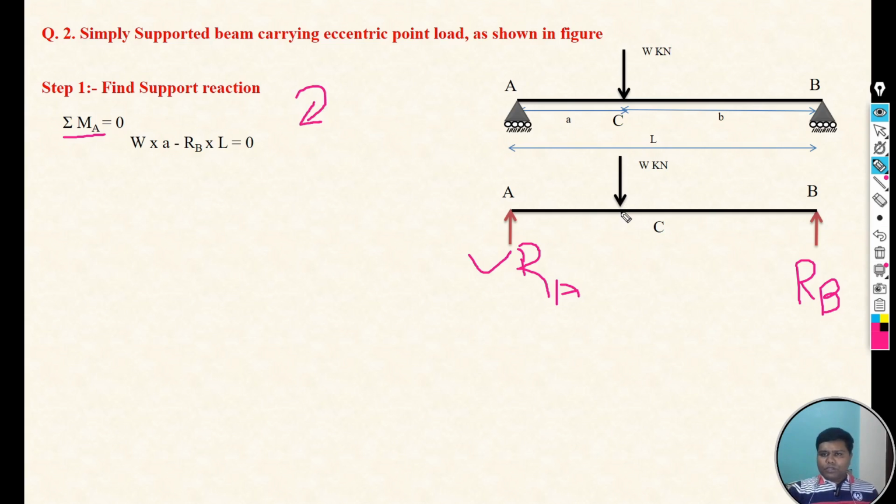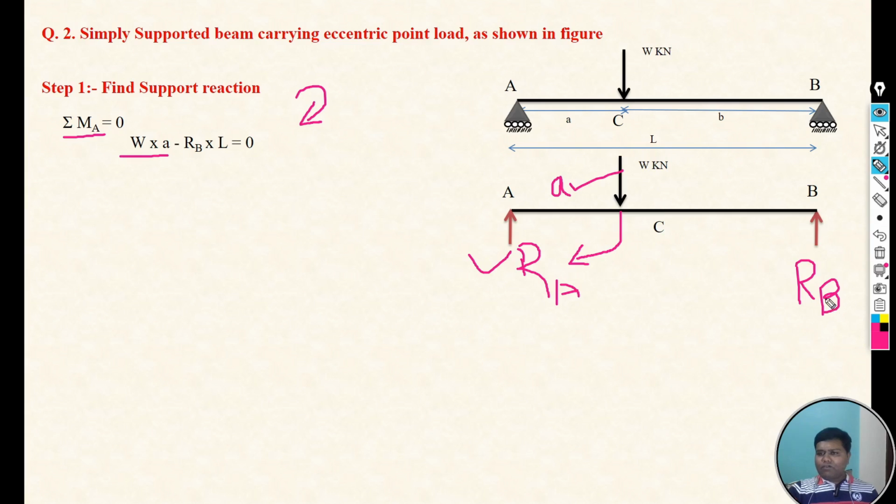This W kilonewton force will produce a clockwise moment, so we consider the moment of W as positive. The formula for moment is force into perpendicular distance, and the distance of W from support A is small a. So the moment is W into a.